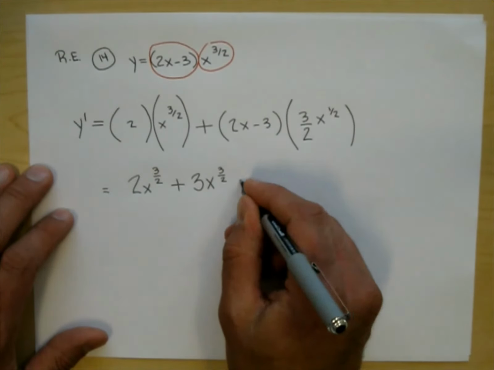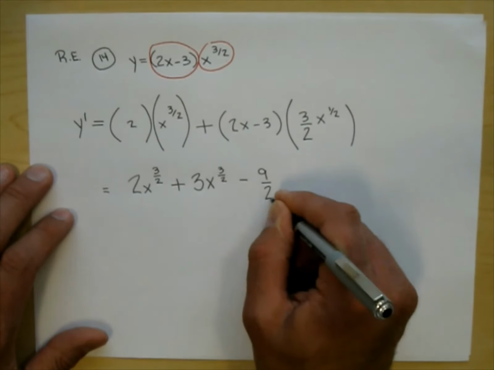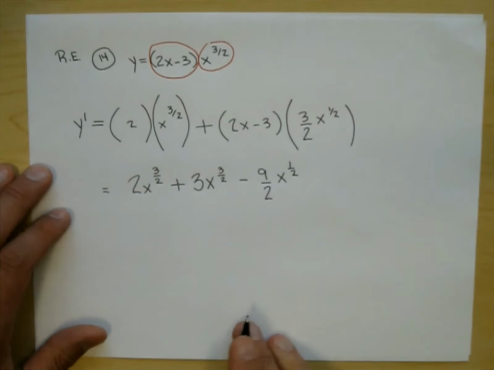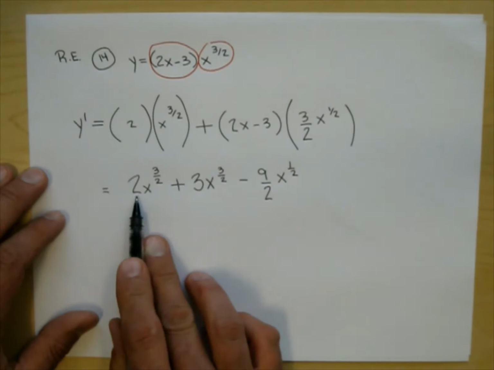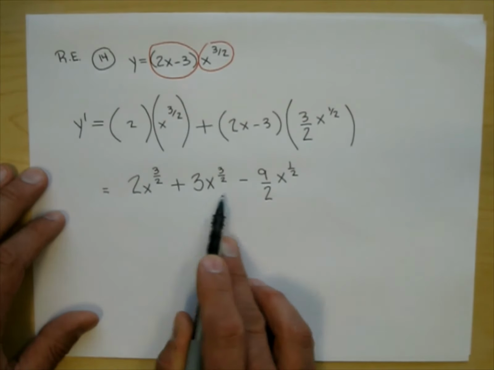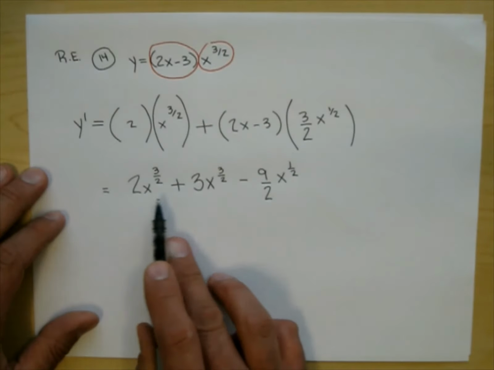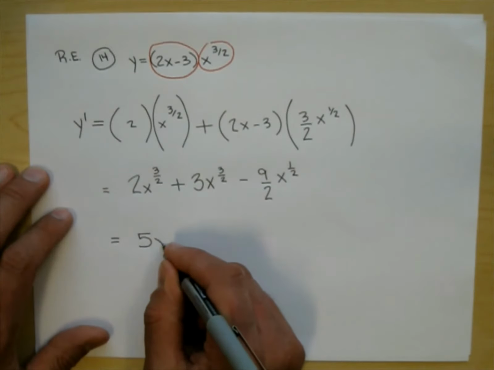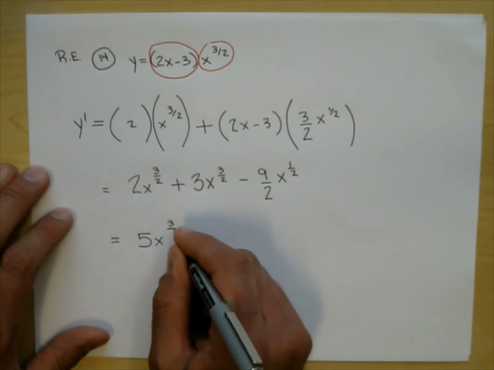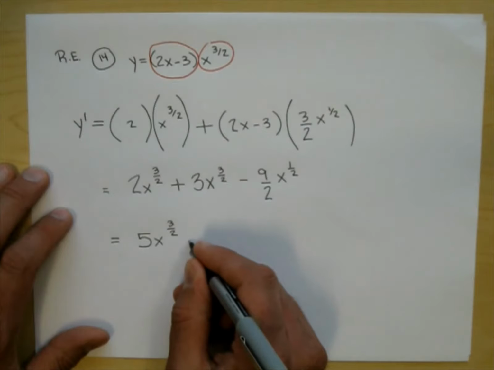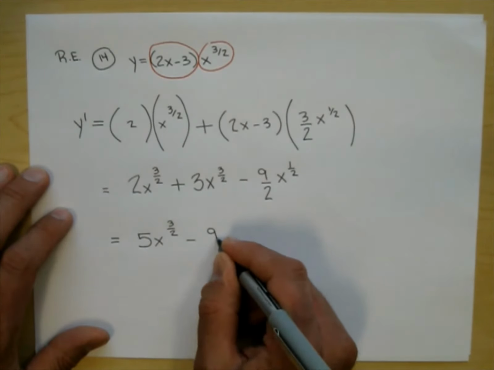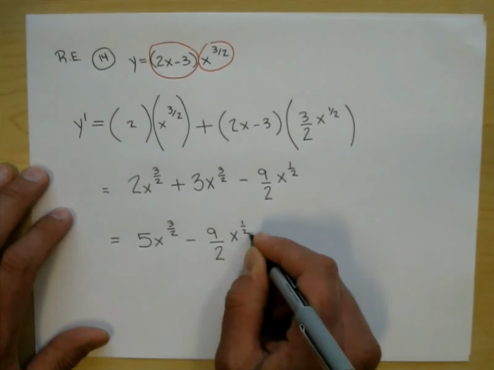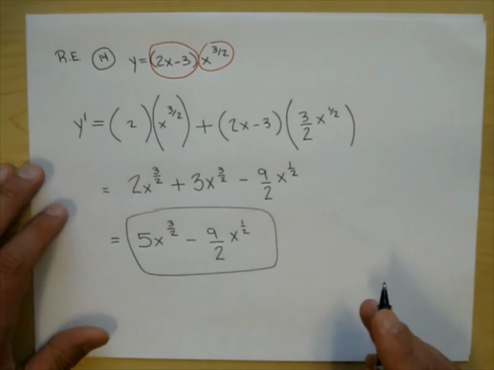This is going to give me minus 9/2 times x to the 1/2. So I do have like terms there. I have 2 of these creatures plus 3 of these creatures, and then that's not a like term. These guys are. So I'm going to have 5 of those creatures. 5x to the 3/2 minus 9/2 x to the 1/2. And that's a good answer.